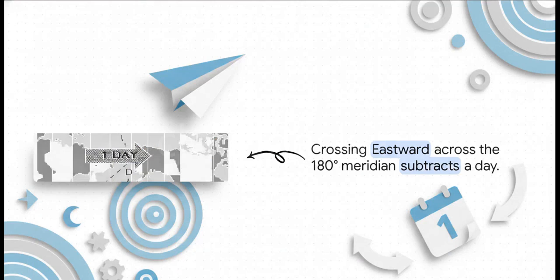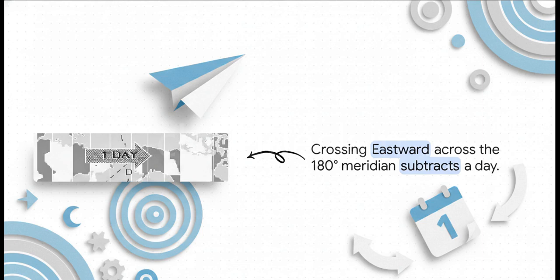Crazy, right? But if you cross eastward, flying from Tokyo back to LA, you enter the Western Hemisphere. You enter yesterday, you subtract a full day from the calendar, and you effectively get to live the exact same calendar date twice. And this brilliantly illustrates the whole concept. Mathematically, as you cross that 180-degree meridian heading eastward into the Western Hemisphere, you must subtract a day.